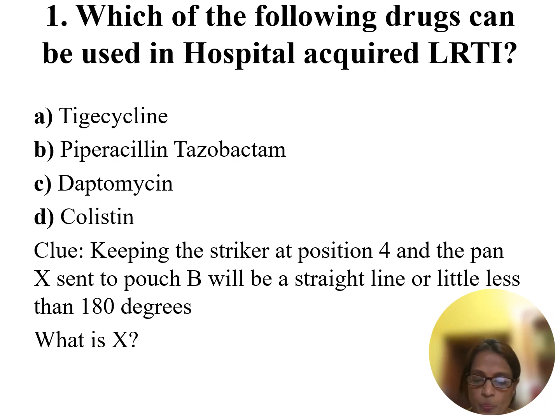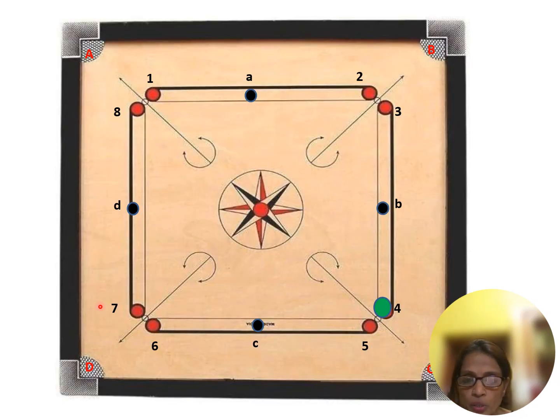So keeping the striker at position 4, pawn X, let me take you here. So you keep it at position 4, the pawn has to be sent to pouch B. So the line traveled is almost a straight line or a little less than a straight line.